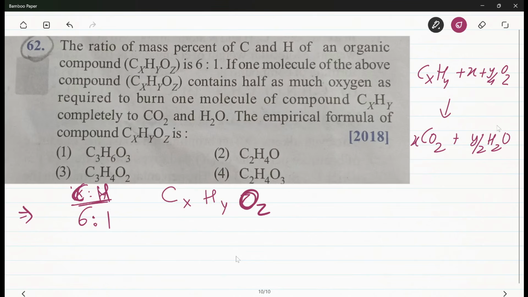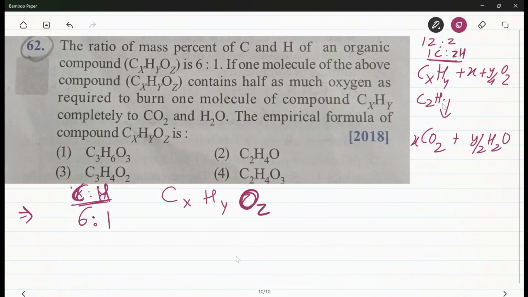Mass ratio 6 to 1 means 12 to 2, which means 1 carbon 2 hydrogen, but that compound is not possible. Minimum 2 carbon should be there, right?